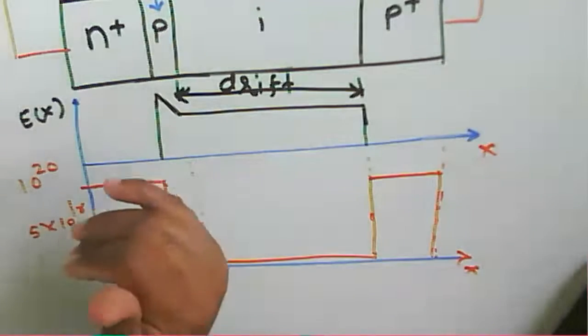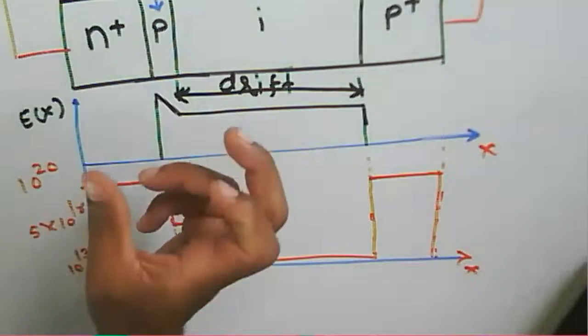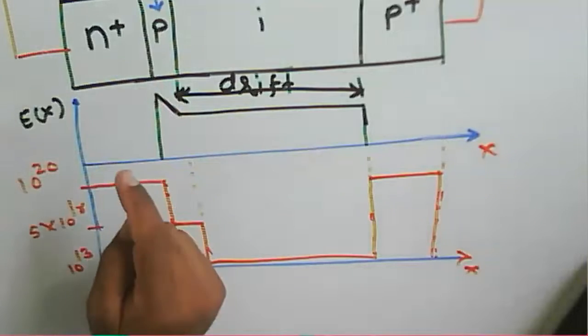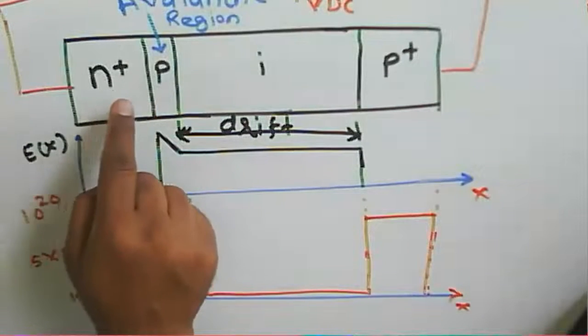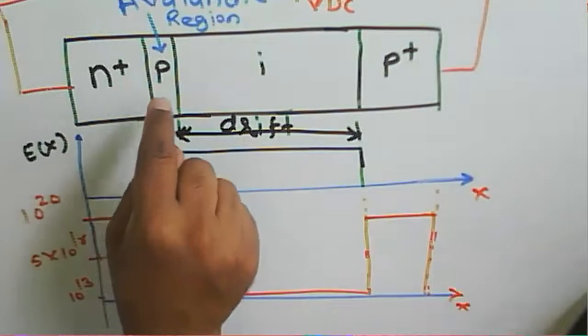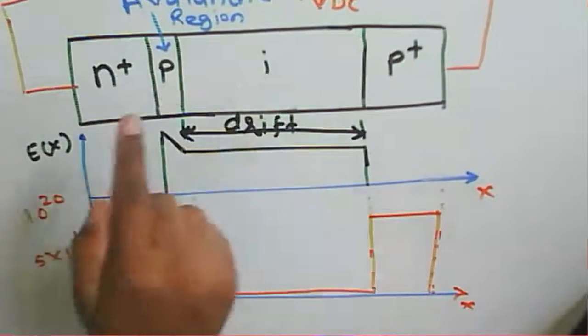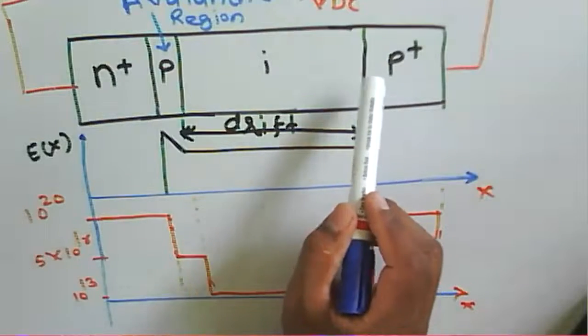Whatever electrons are generated in this avalanche region move toward the n plus region, and whatever holes are generated drift toward this P plus region.